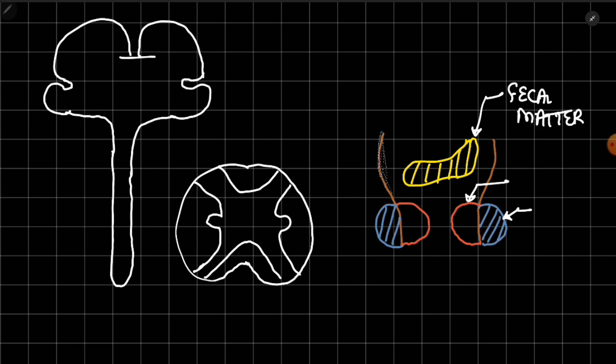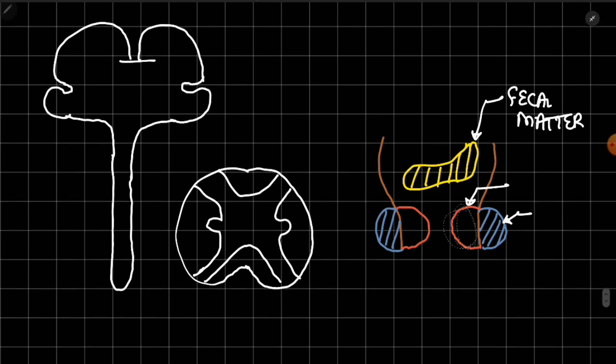To identify this part, this whole part, it is the rectum. And these two things, this one and this one, are preventing the fecal matter from going out of the body. What are they? This is the internal anal sphincter. And the second thing, this is the external anal sphincter.